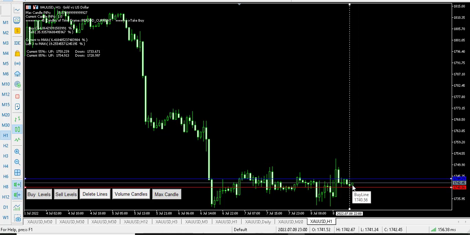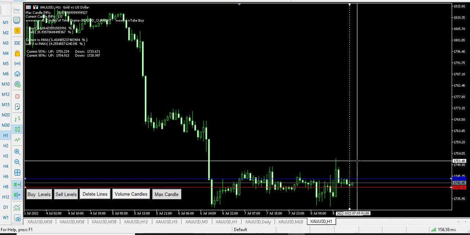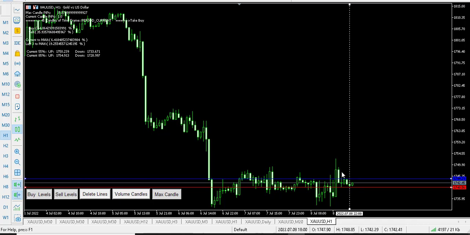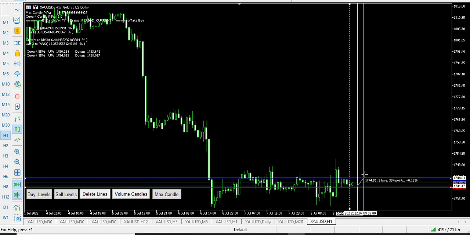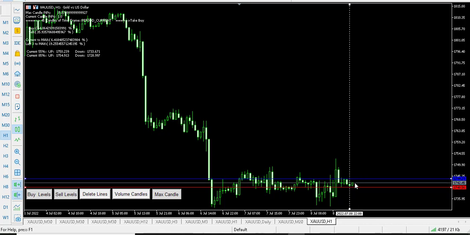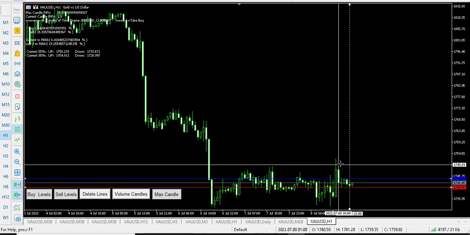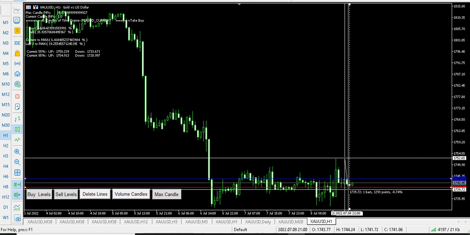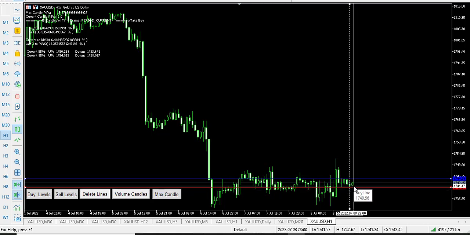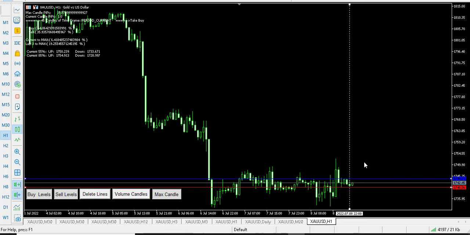This candle, if I want to see the level up 55% of this size, we said this is $15, so 7.5. So 7.5 from here to here, you will be at 1750. If I want to take 85% of this one, positioned from bottom to top, where will I reach? You will reach 1754.